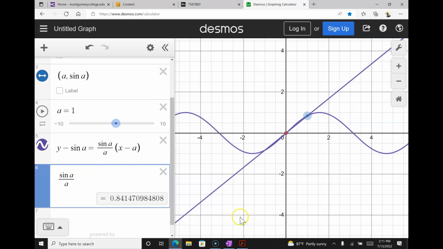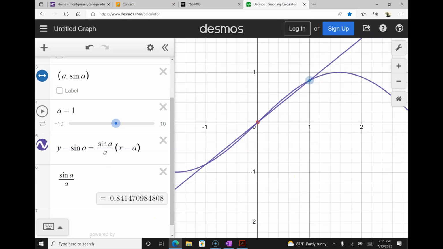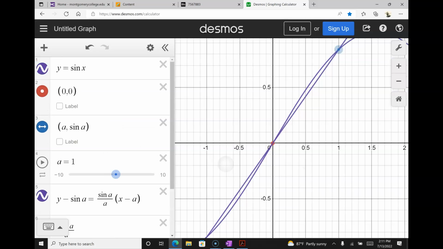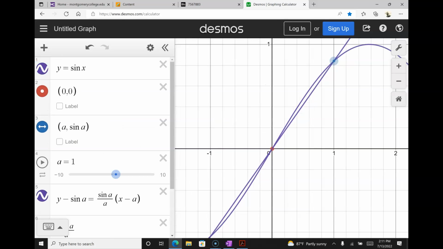Everybody with me? I'm worried that I'm confusing anyone. Everybody okay? It's the slope of the secant line with the fixed point 0, 0. Watch what happens to my slope as a goes to 0.